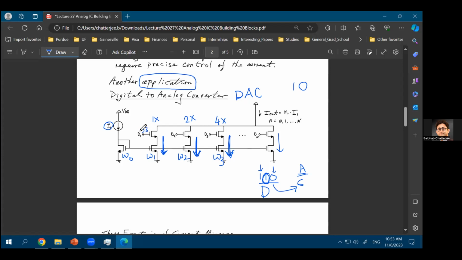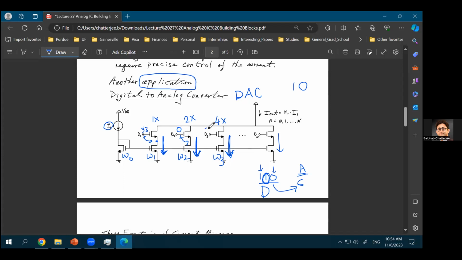So you're applying 3.3 volts over here at the gate, which means that this gate to source voltage, assuming that the voltage over here is much lower than 2.6 volts, will be more than the threshold voltage of the transistor itself. That means this transistor will be on if you are providing a high voltage over here. On the other hand, if you're providing a low voltage at D2, let's say a 0 voltage at the gate of D2, the gate to source voltage of D2 will definitely be lower than the threshold voltage of the transistor. So in that case, this transistor will be off.